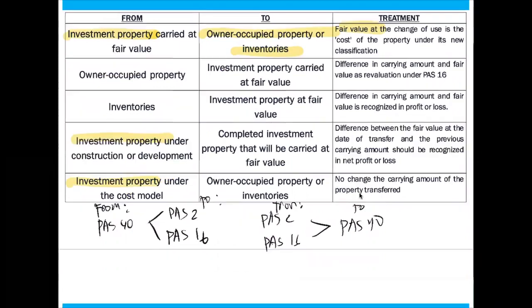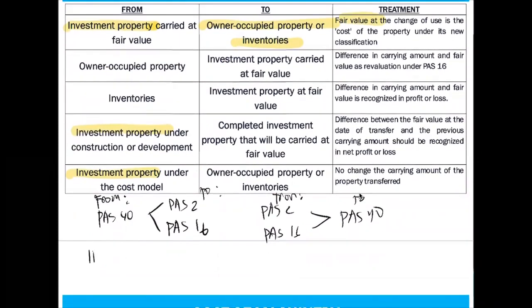So for example, we have here investment property at 500,000. And then you will reclassify it under PAS 2. Let's say at the time of classification, the fair value is 510,000. So how do we measure now the transfer from investment property to PAS 2? We will measure it at fair value, so 510.